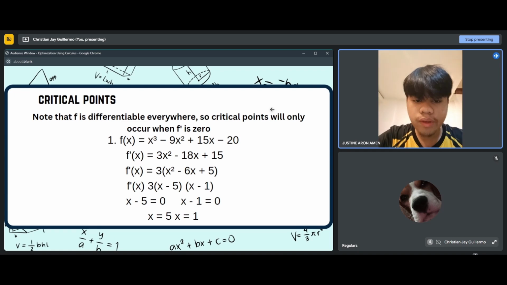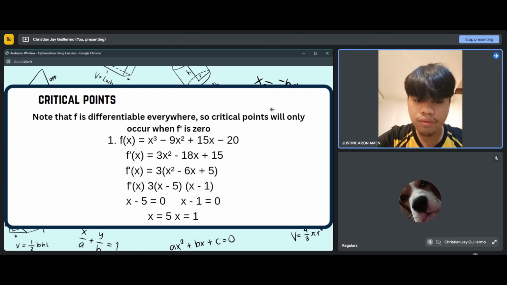So here we have f'(x) = 3(x - 5)(x - 1). Here, we just look for values that when added give negative 6 and when multiplied give positive 5.